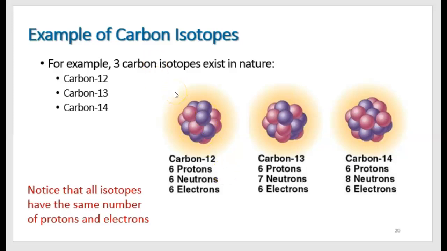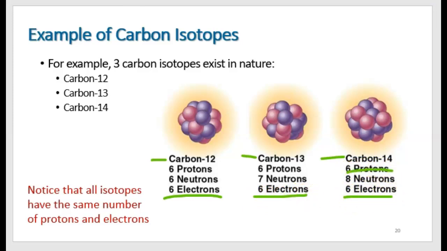So there are three carbon isotopes that are known to exist in nature, or commonly anyway. Carbon 12 is one type of atom, carbon 13 is a different one, and carbon 14 is another type of carbon atom. All of these are called isotopes because they all behave similarly chemically. They all have 6 electrons. They all have 6 protons.